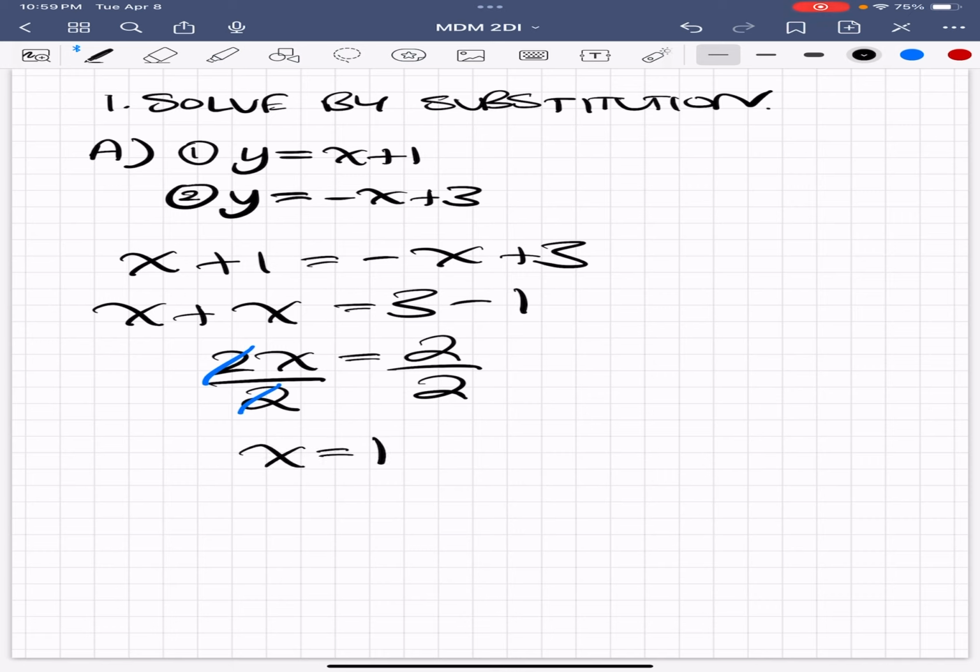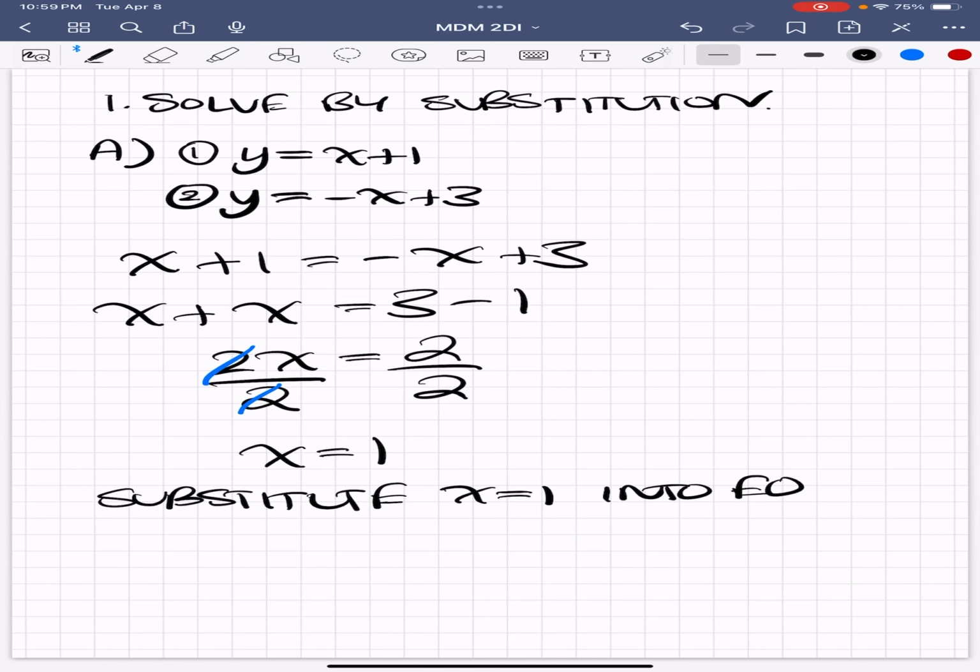So what I did here was I set each equation equal to each other, and then I followed order of operations to isolate x to get x on its own, and then our answer is 1. And then we substitute x equals 1 into equations 1 or 2.